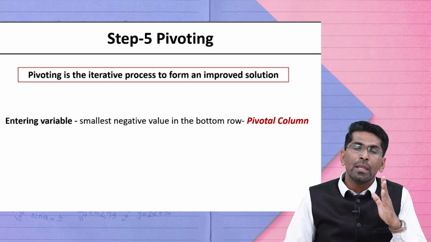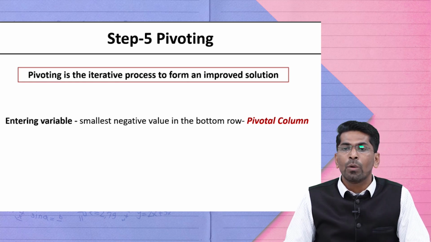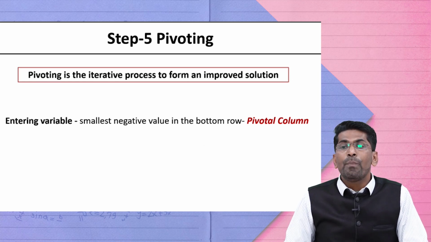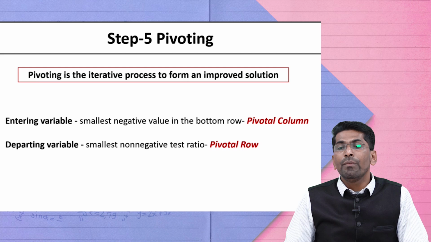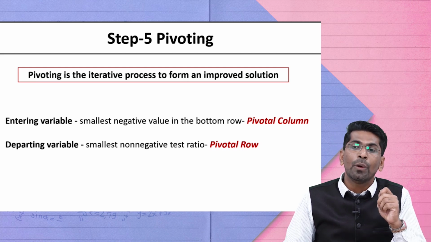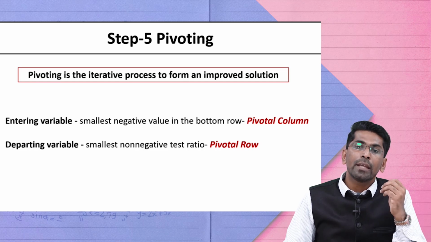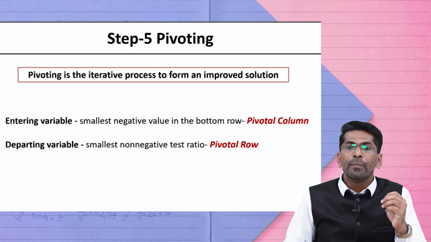We divide the B values by the pivot column, which is generally known as the test ratio. What is the departing variable? It corresponds to the smallest non-negative ratio in the column vector. So here the pivoting of the row takes place.